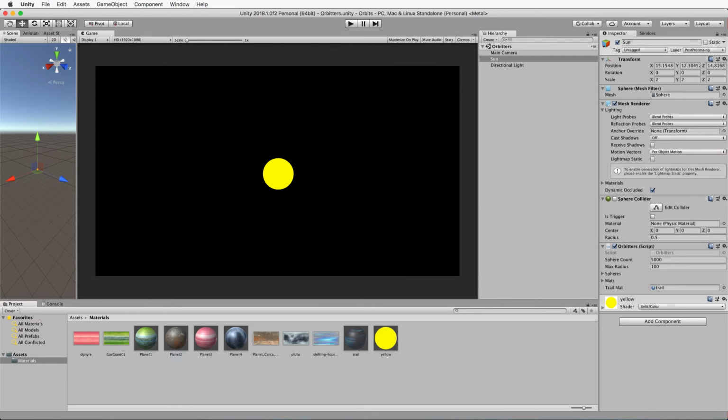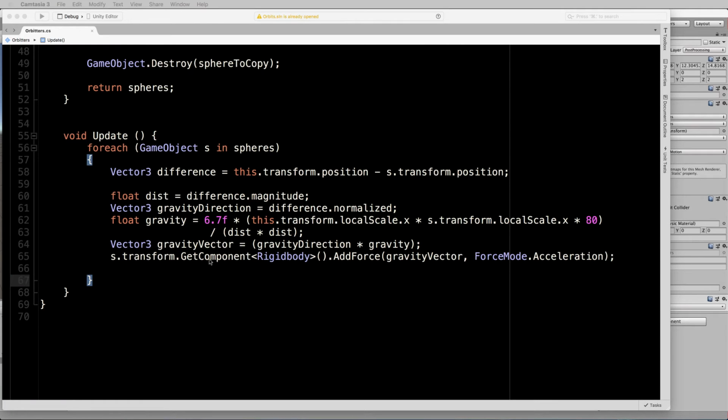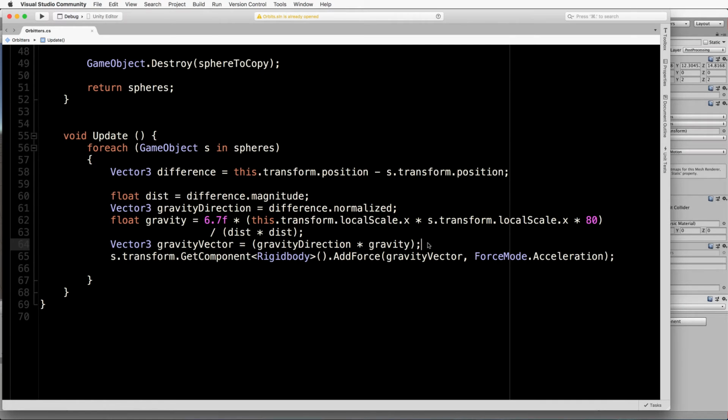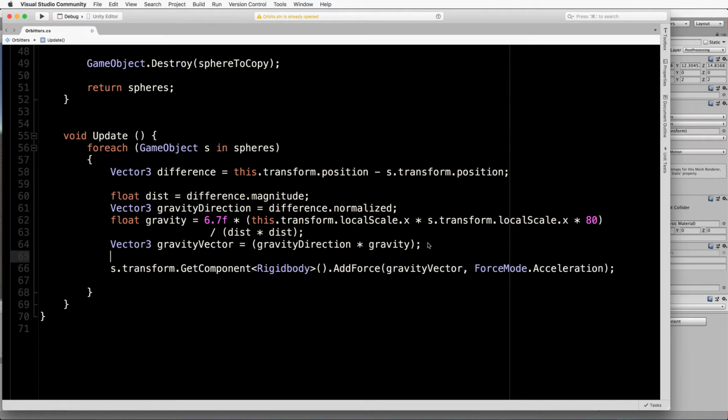Right, so back to the code, and we're going to add in our sideways force. Now, this force that you add in doesn't really matter what it is, as long as your planet has some particular force that it started moving with when it started life. And we'll put that just above where we add in our gravity vector.